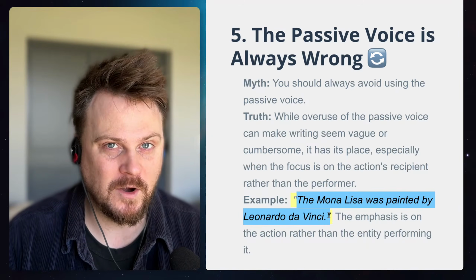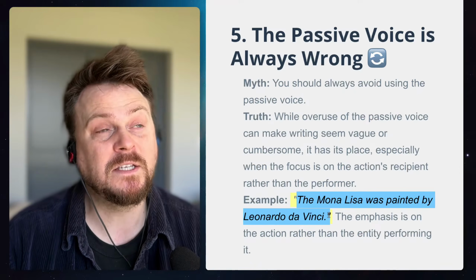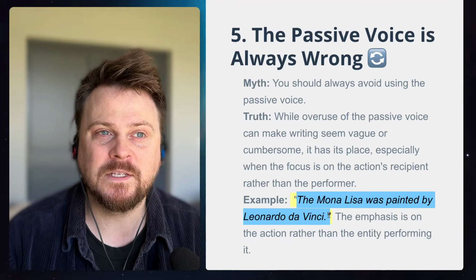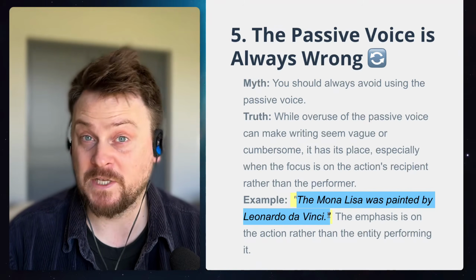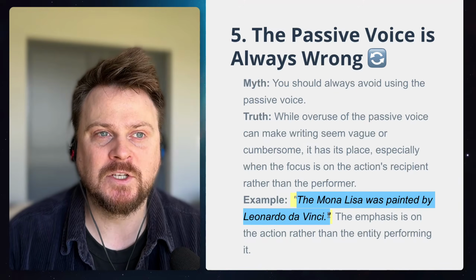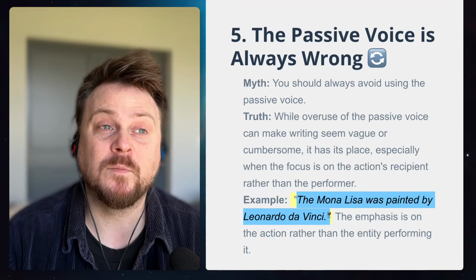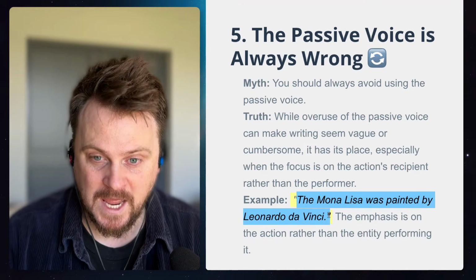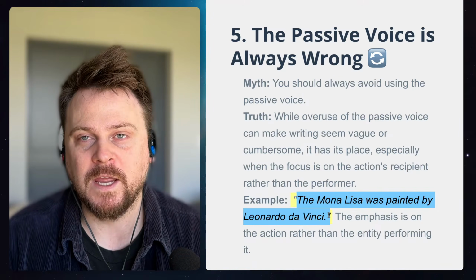So leave Leonardo alone, right? Don't take him out of the sentence. But still, I'm talking about the Mona Lisa, and the Mona Lisa is arguably more famous than Da Vinci himself, perhaps. And so it's not that there's some objective way to figure that out, but if the Mona Lisa is what I'm talking about, then this is a totally normal, natural thing to say, okay?